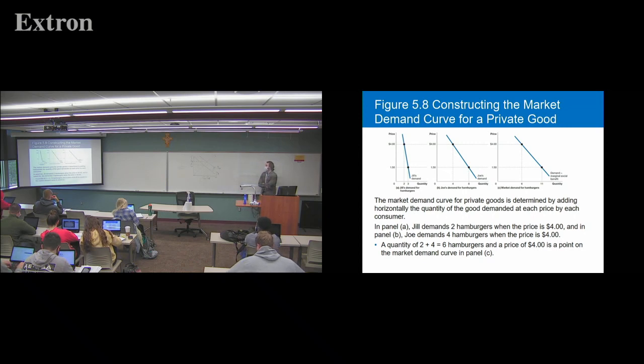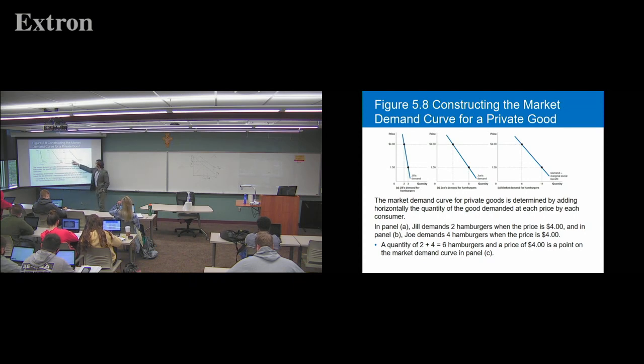All right, so look at the market demand for a private good. Basically what we do, if we want to make the market demand curve, is we just add together the quantity of goods demanded at each price by each consumer. So here we have Jill and we have Joe. At the price of $1.50, Jill's going to demand 3 hamburgers and Joe's going to demand 8 hamburgers.